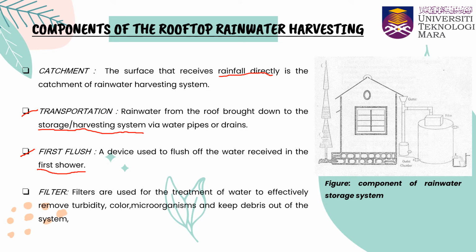This should also contain the filter, so we can filter the turbidity, color, microorganisms, and debris out of the system. So if you have proper treatment, the rainwater harvesting can be used for various applications, such as in the toilet.